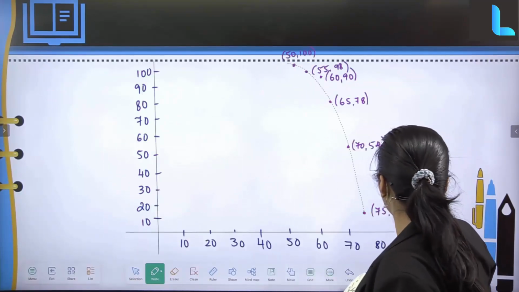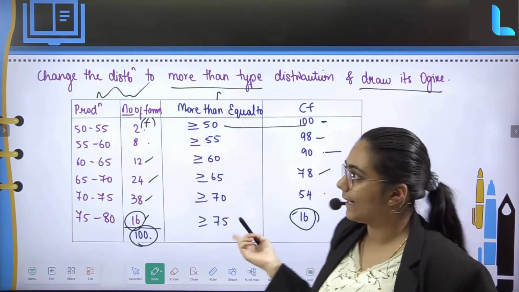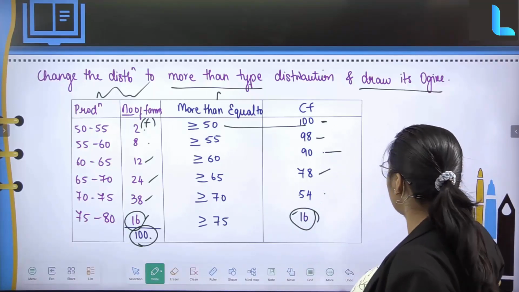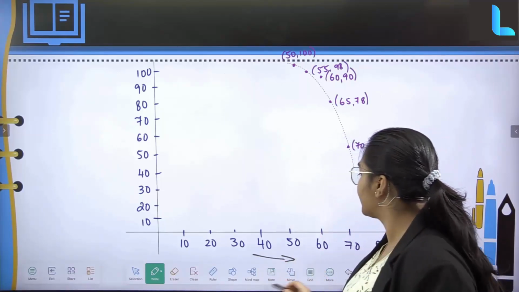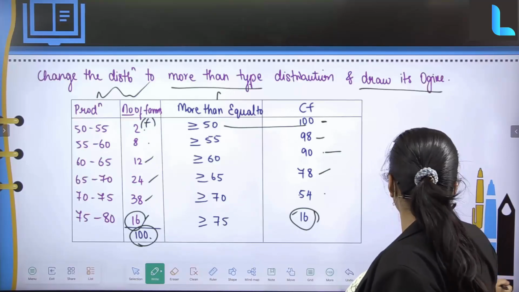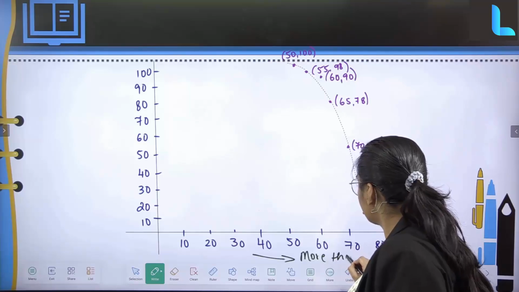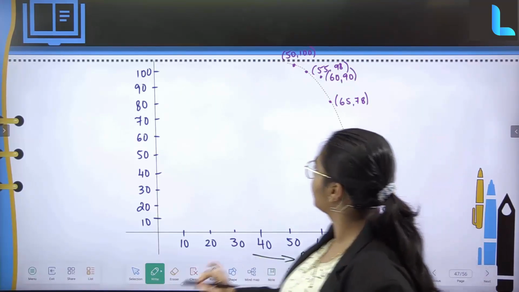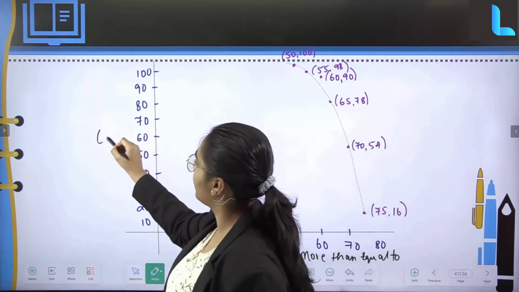What is my 50? My 50 is nothing but you can just consider as more than type over here, and again on my y-axis I have considered my cumulative frequency. On my x-axis I've considered more than type, more than or equal to, and on my y-axis I have considered my cumulative frequency.